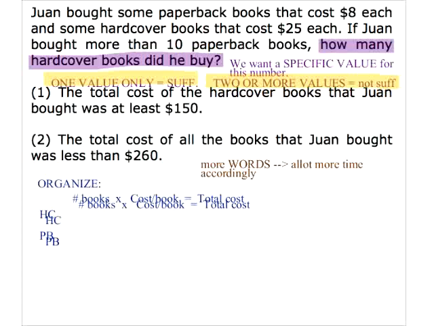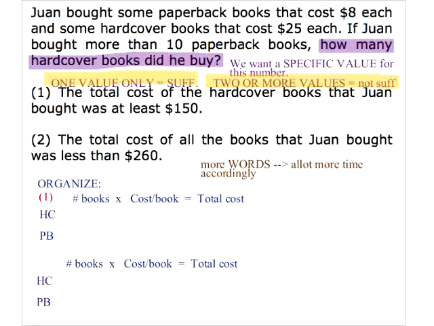So let's make the chart twice, not right on top of each other. And let's organize. So in statement 1, we know that these are $25 and $8.